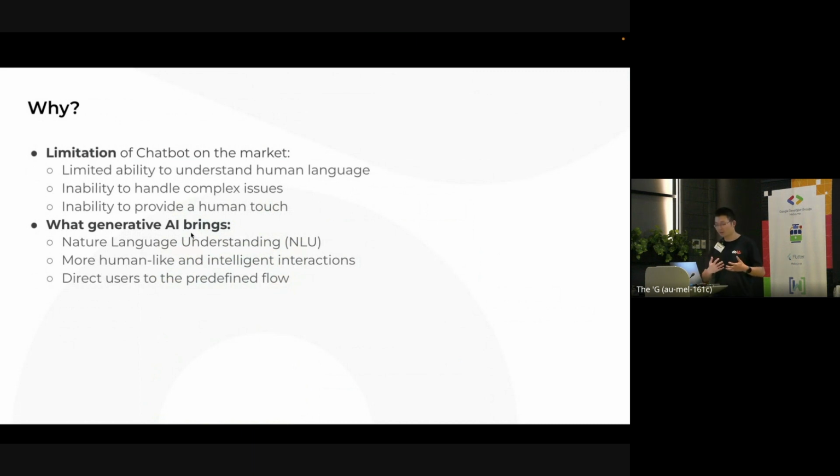And also, it doesn't have a human touch. You feel like you're talking to a bot. It is a bot. What can Gen AI bring? Natural language understanding, more human-like, more intelligent, and most importantly, it can direct the user to the right flow. I think that's the thing that can save us some time.